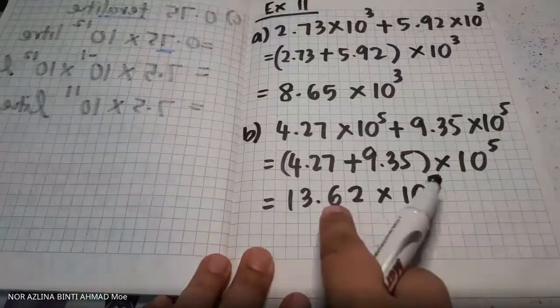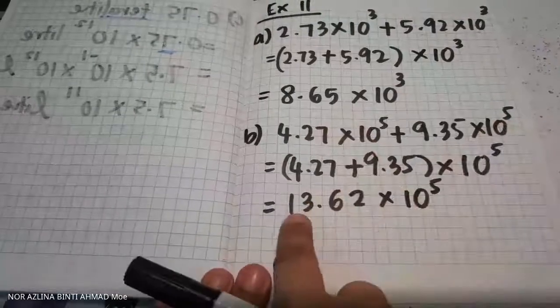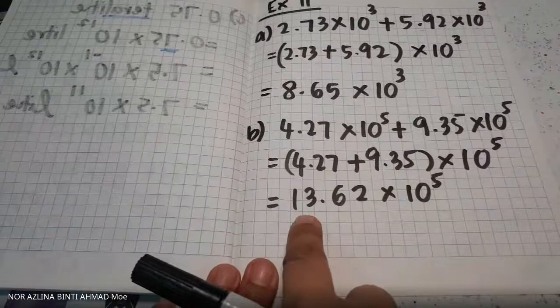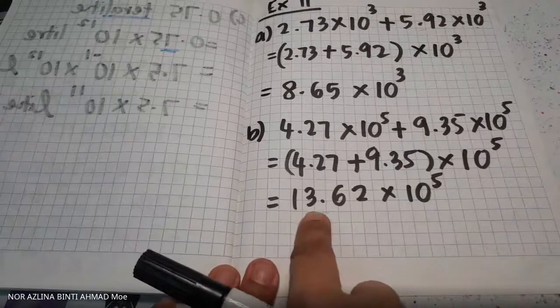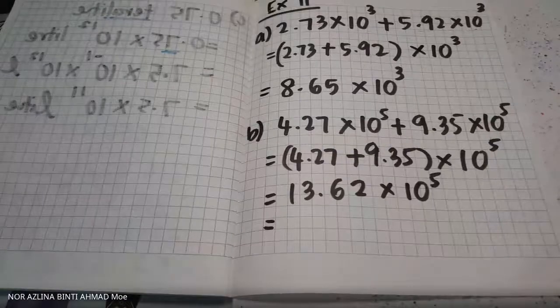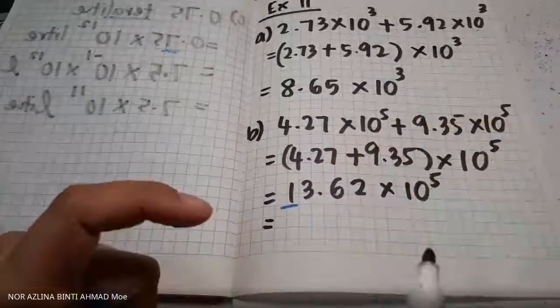But this is not standard form. The standard form, the value for A should be less than 10. Okay, should be less than 10. This is 13. So change to standard form. We want 1 only.